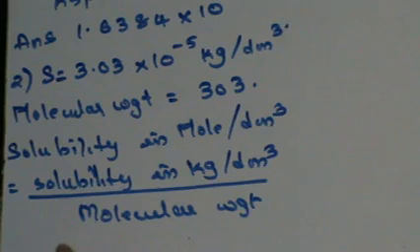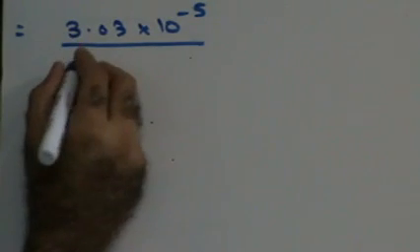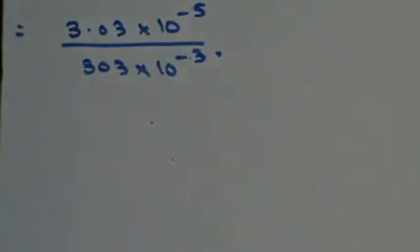So solubility in kgs per decimeter cube is 3.03 into 10 raised to minus 5. Molecular weight is always, when given, assumed in gram. Convert that into kilograms. So this is 303 into 10 raised to minus 3. So when you solve this, you will get your solubility in terms of moles per decimeter cube.